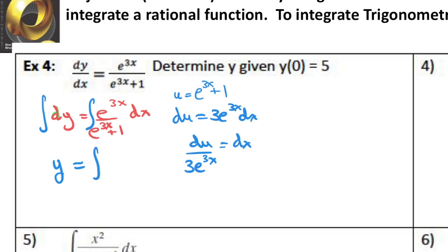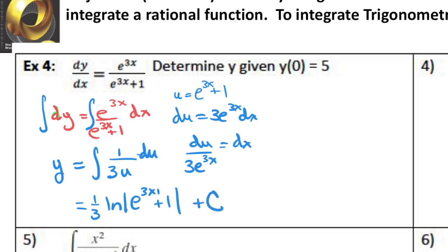And I will now have the integral of 1 over 3u du. And we know that that would be 1/3 the natural log of the absolute value of e to the 3x plus 1 plus another c.